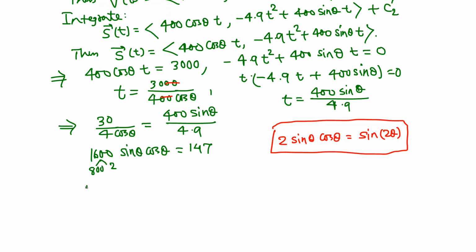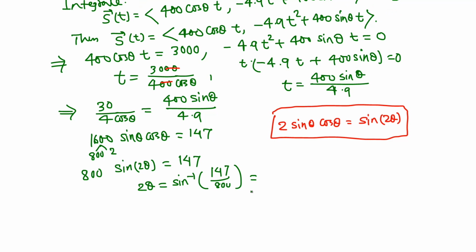So this is the same as 800 sine 2 theta equals 147. Divide by 800 and take sine inverse.